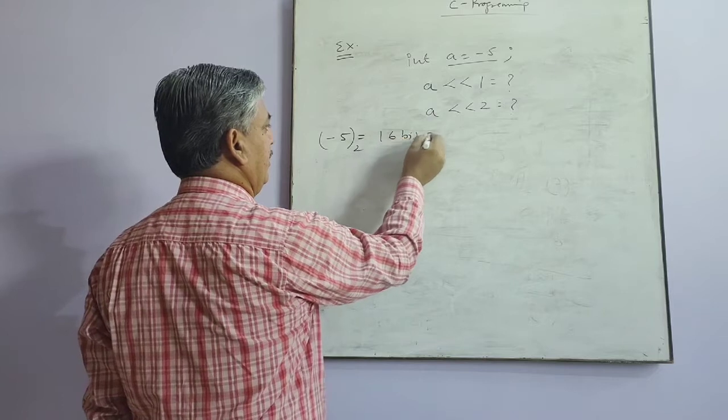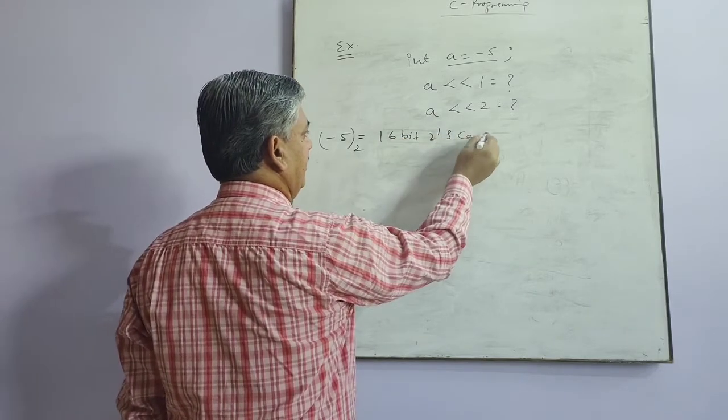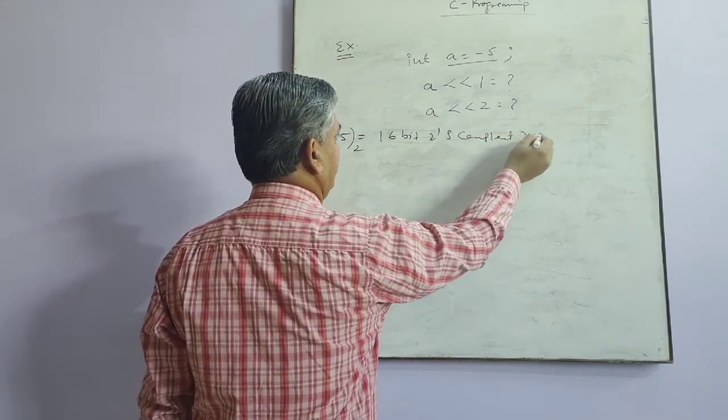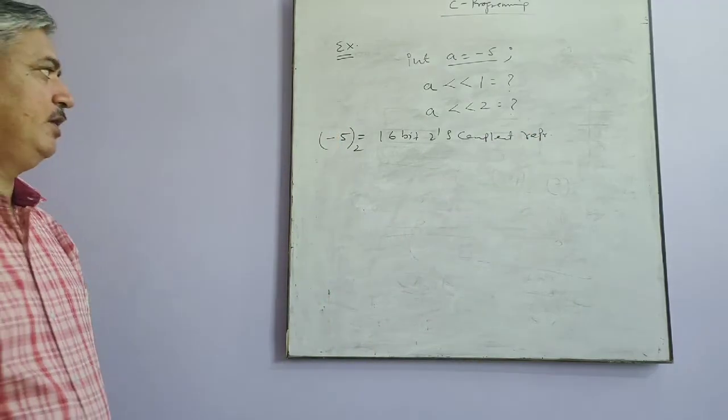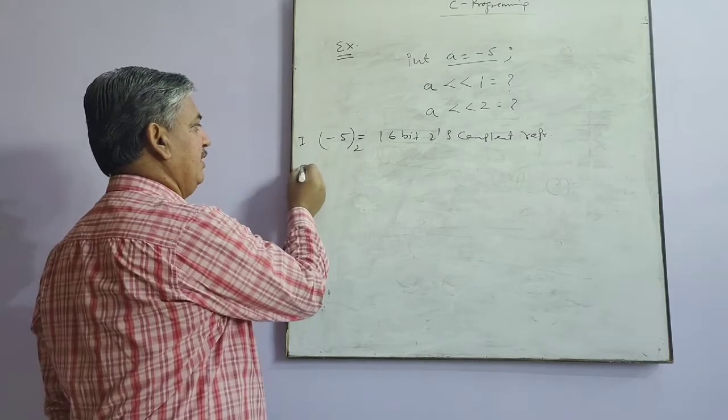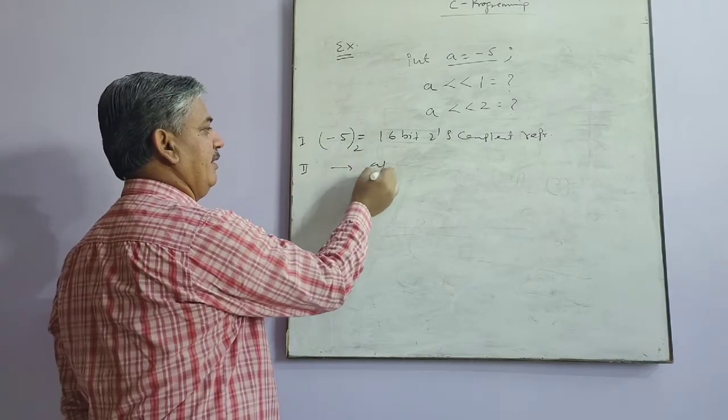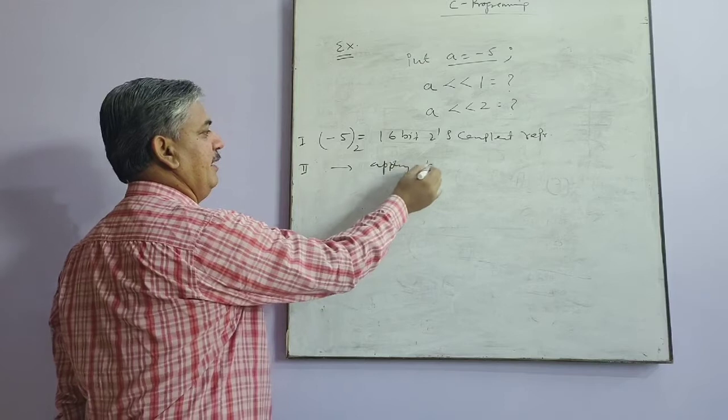First convert -5 into 16-bit 2s complement representation and then apply left shift.